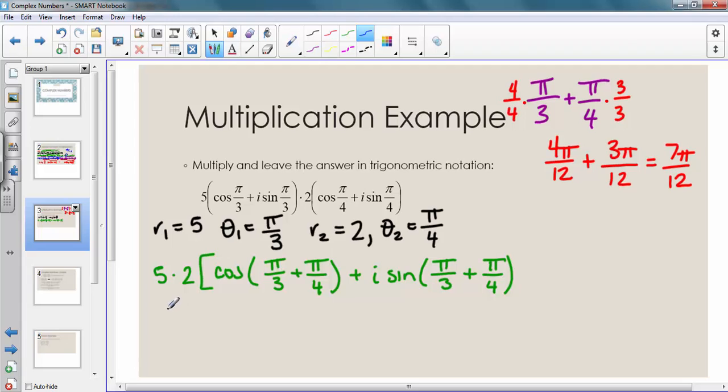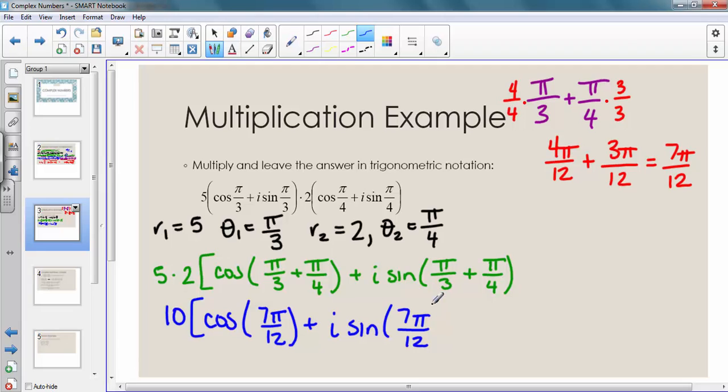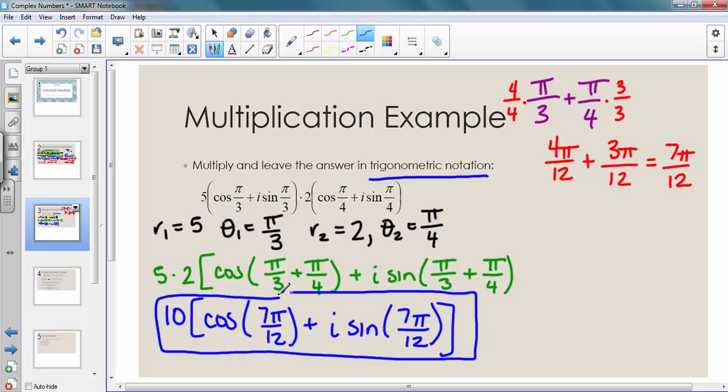So now I have 5 times 2, which is 10, times the cosine of 7 pi over 12, plus i sine 7 pi over 12. And it says leave in trigonometric notation. This is in trigonometric notation, so I'm done.